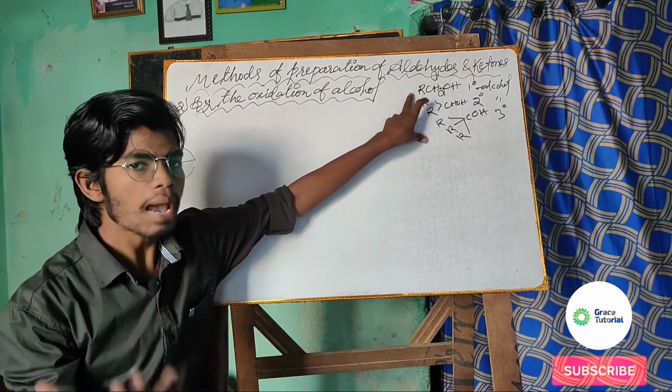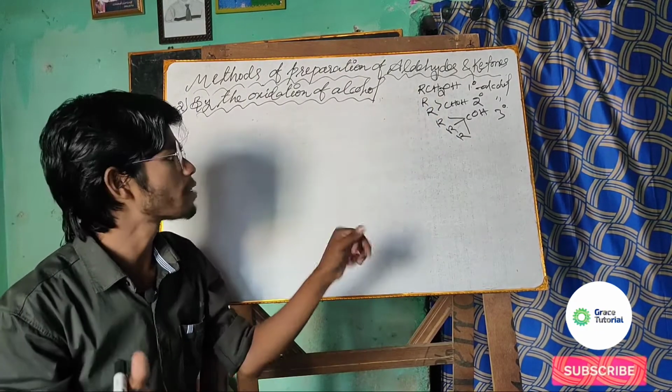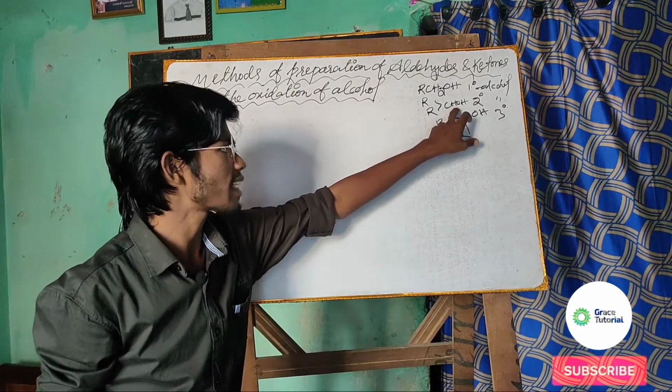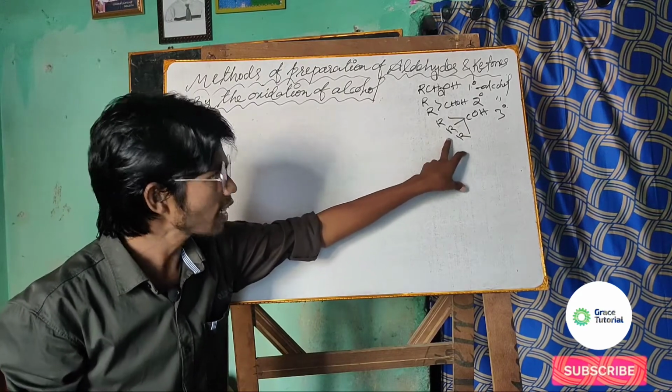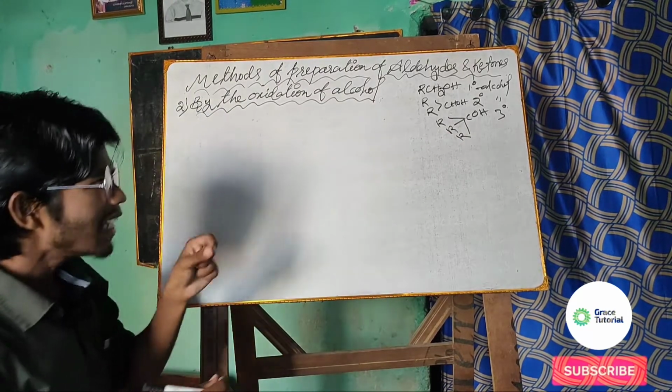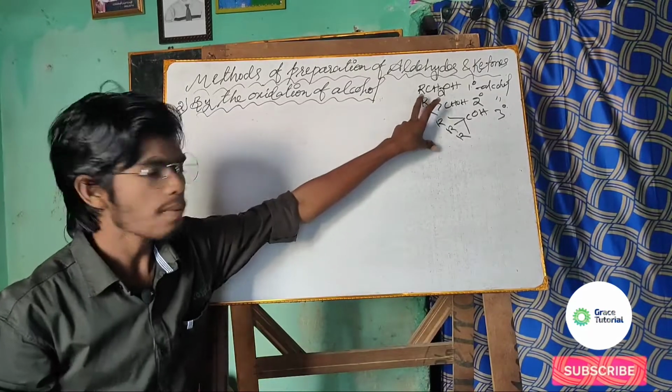This is the formula for primary alcohol, RCH2OH, and R2CHOH, that means 2 alkyl groups are there, is the formula for secondary alcohol, and this is the formula for tertiary alcohol, wherein 3 alkyl groups are there. Now we need to prepare the aldehyde from primary alcohol.